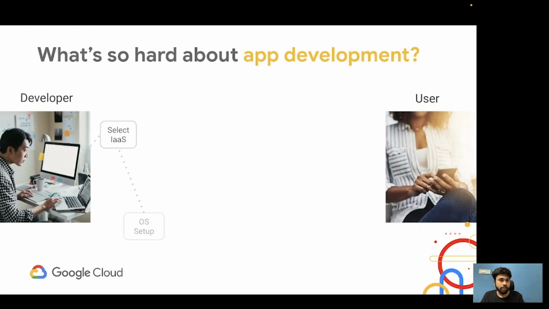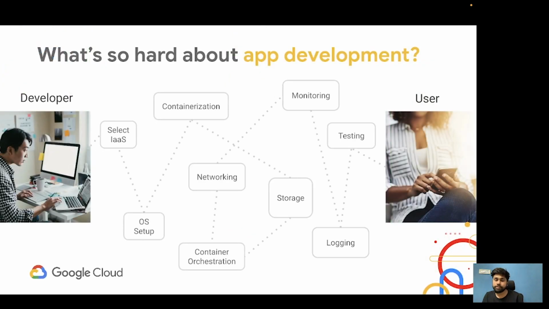If you see this particular slide, in the top right corner we have the developer, and in the top left corner we have the user. If I developed any application and I wanted to serve that application to our end user, I have to do lots of things in between.